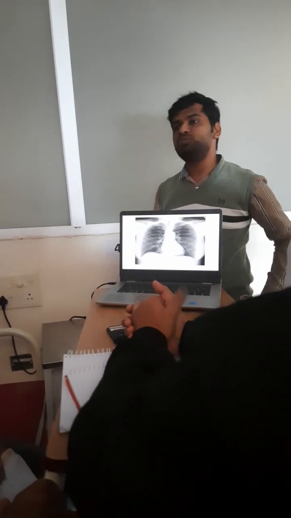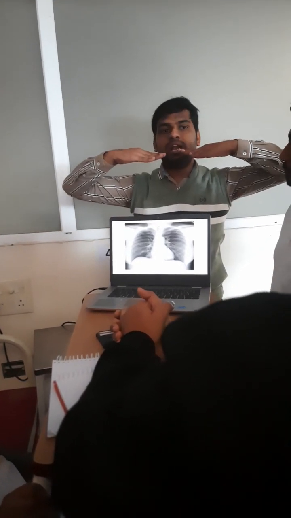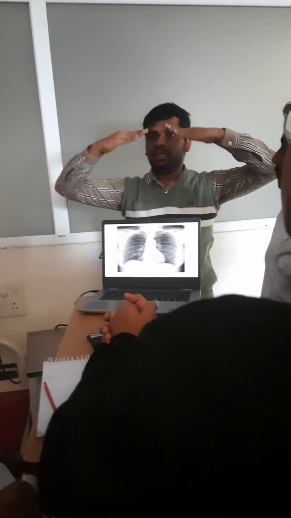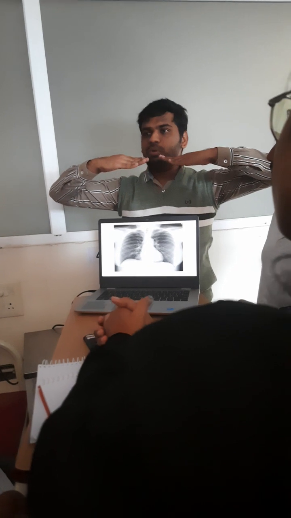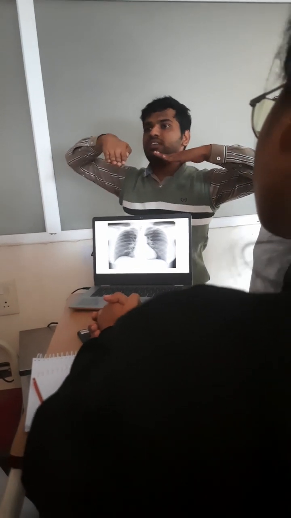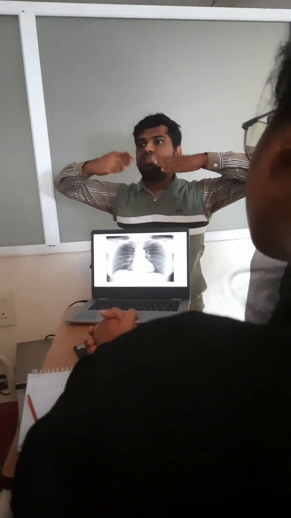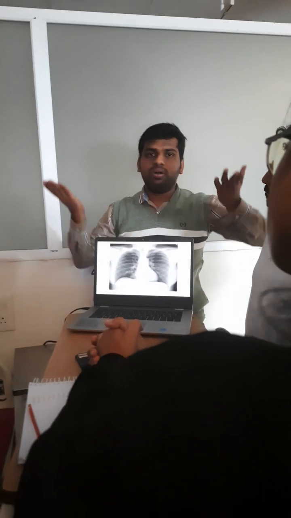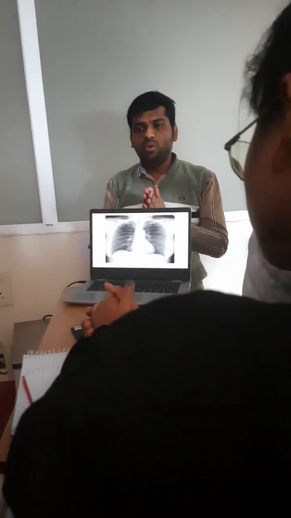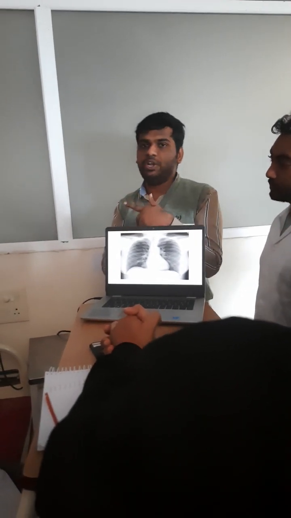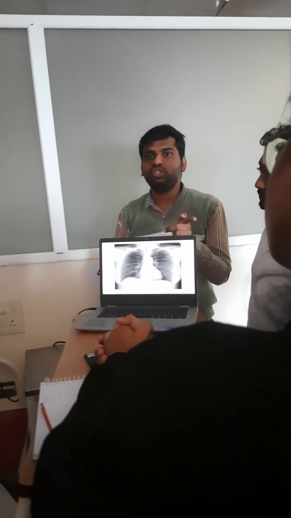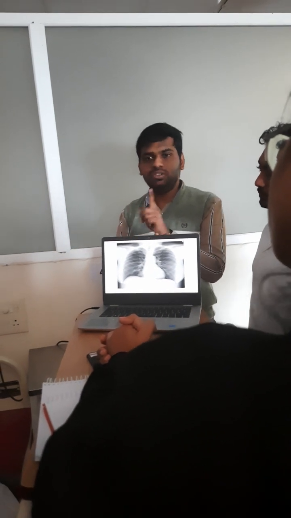For rotation, I have to see both medial ends of the clavicles aligned towards my sternal axis, and the spinous processes projecting the same way or not. If it is rotating like this or like this, the X-ray is taken wrong. Now, how to tell an anterior-posterior view from a posterior-anterior view? This is very important.